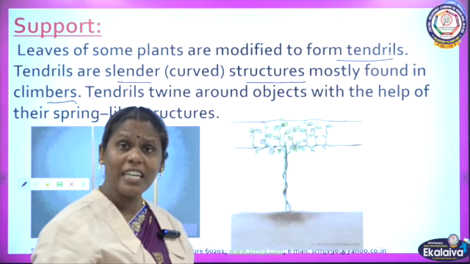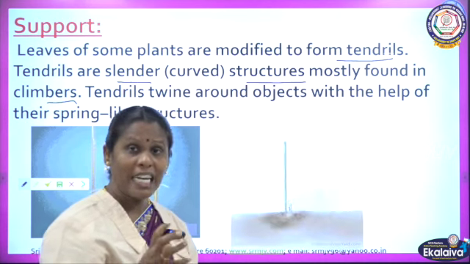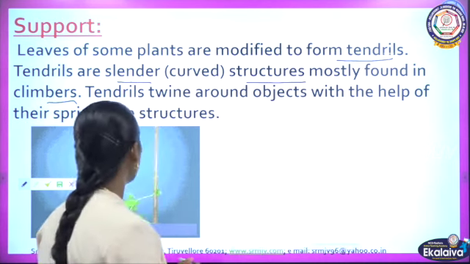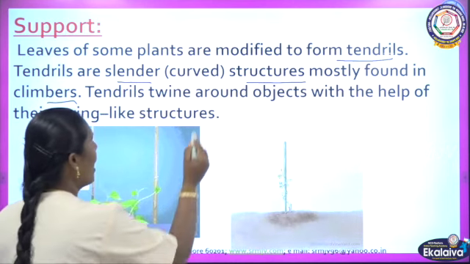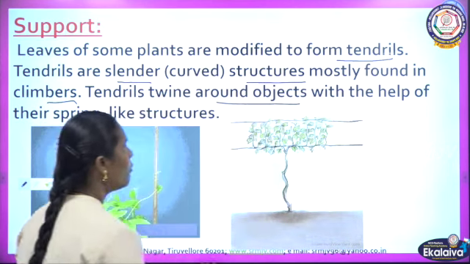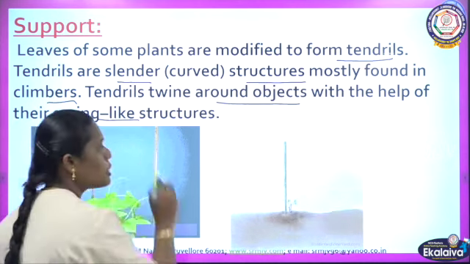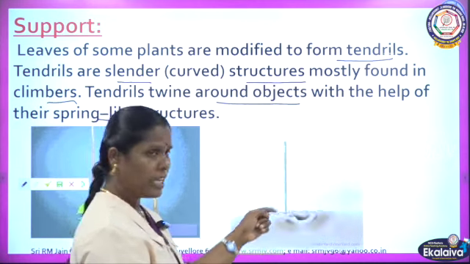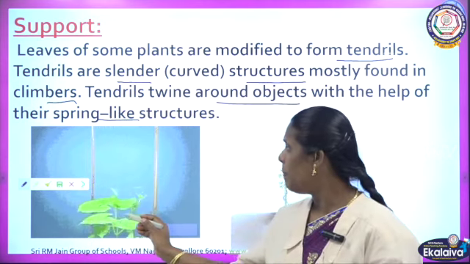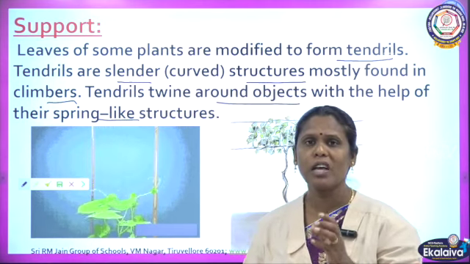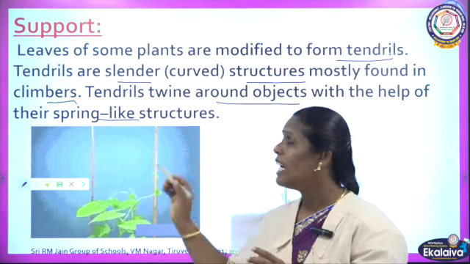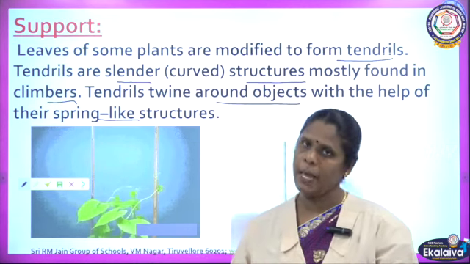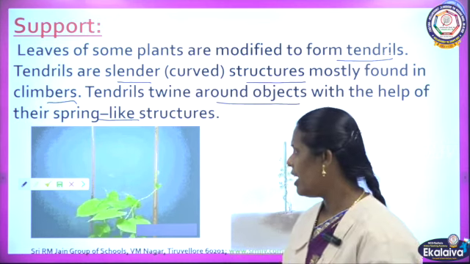Climbers cannot grow straight. They need some support to grow, right? So here tendrils twine around objects with the help of their spring-like structure. So here grapevine and pea plant are examples of leaf modifications. It gives support to the plant. Okay.